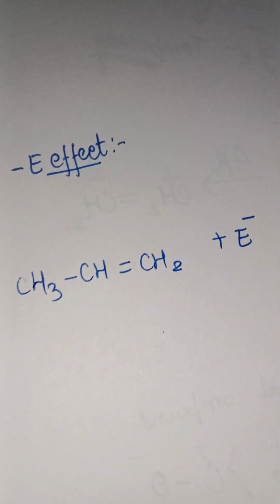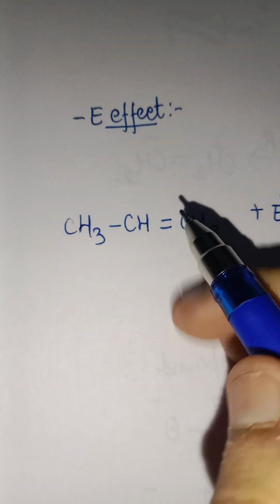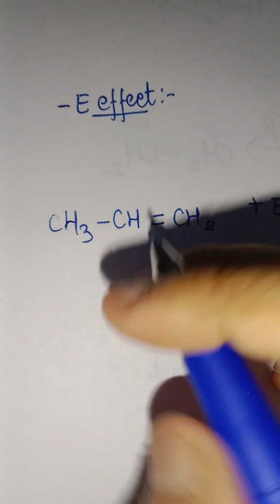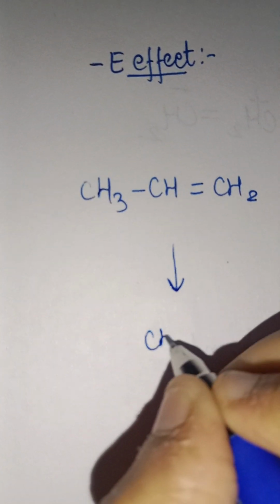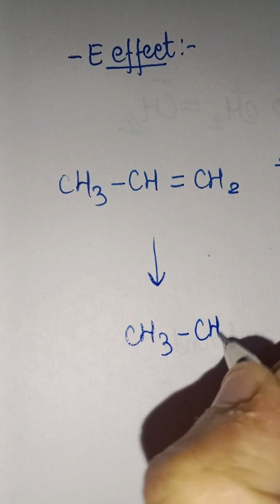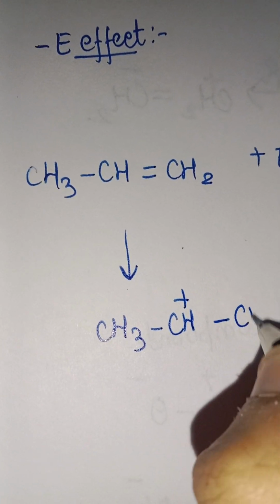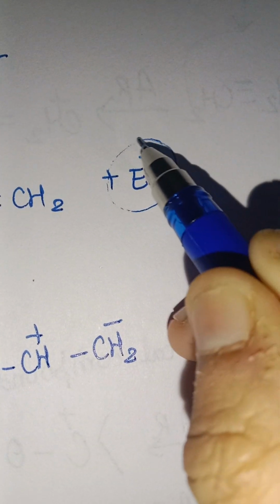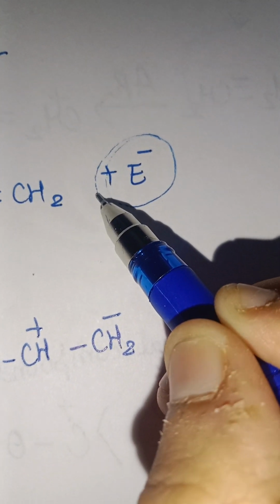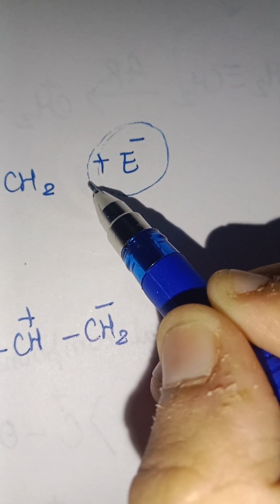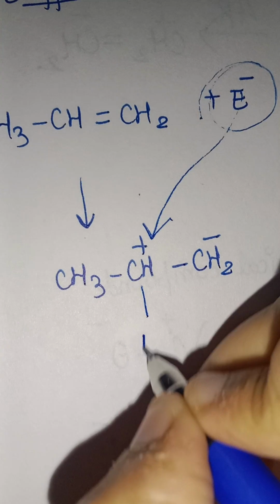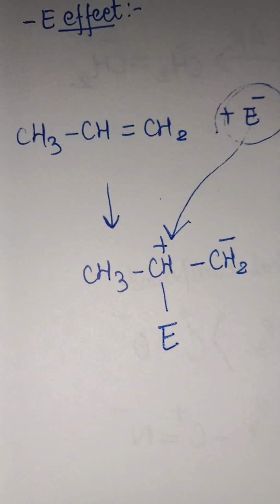This is minus E. So over here, this is going to have positive charge and this is going to have negative charge. So this will be CH3, CH positive and then single bond CH2 negative. As it is minus E, we know it will attach to the one which is opposite. That means it will be attacking. So it will be like this. This E has been attached over here.